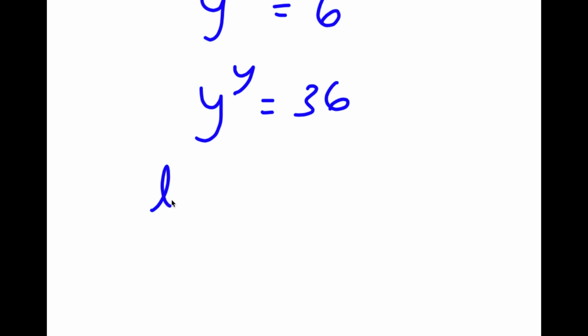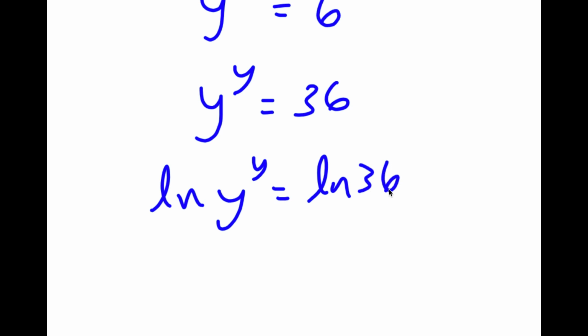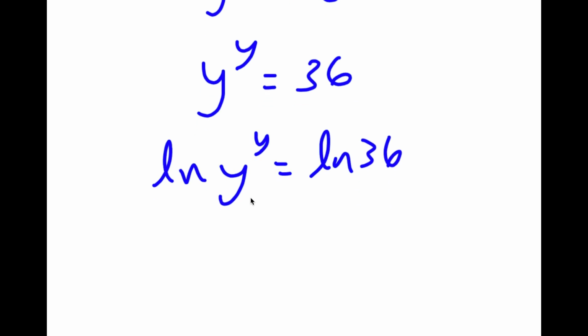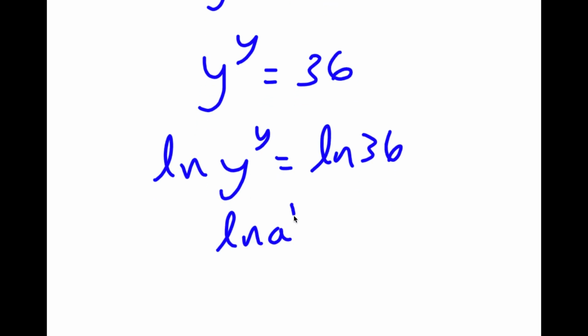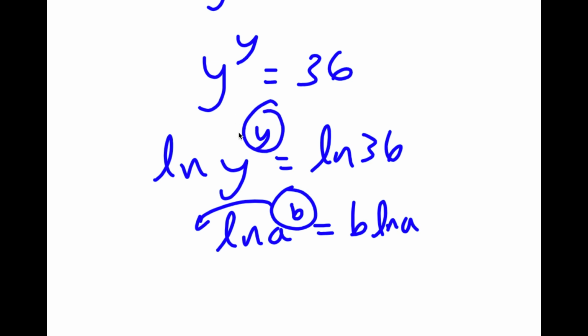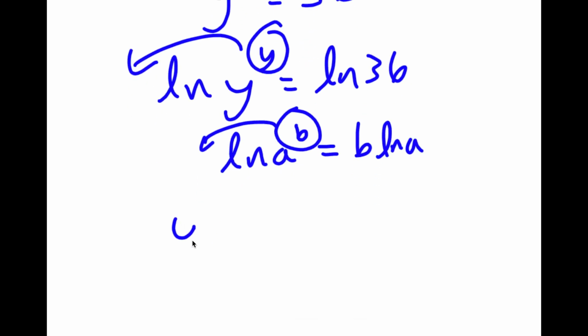Now if I take the ln on both sides, I get ln y to the power of y is equal to ln 36. And now if I have something in the form ln a to the power of b, I can move this exponent b to the front, so it's going to equal b times ln a. So in this case, I can move y to the front, so now I have y times ln y is equal to ln 36.